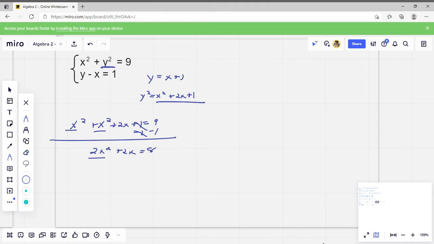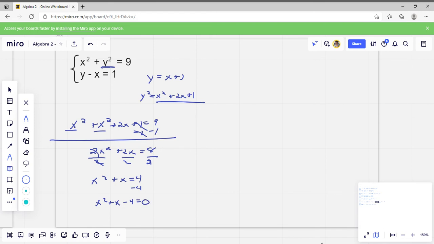Divided by 2, divided by 2, divided by 2. There we go. So I get x squared plus x equals 8 divided by 2 will be 4. So x squared plus x equals 4. And then if we do minus 4, we get x squared plus x minus 4 equals 0. Now we have to try to factor that, and it won't factor.